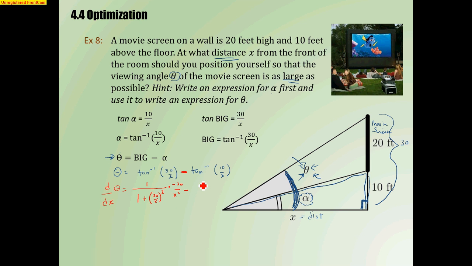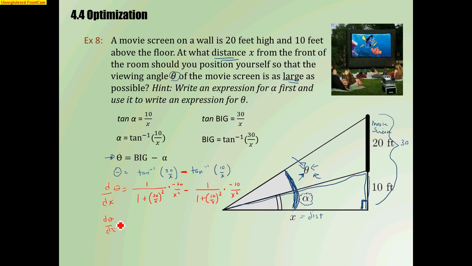Minus the derivative of inverse tangent, again, is 1 over 1 plus the stuff squared times the derivative of the stuff. That's really 10x to the negative 1, so its derivative is negative 10 over x squared. So let me do a little algebra on that expression.